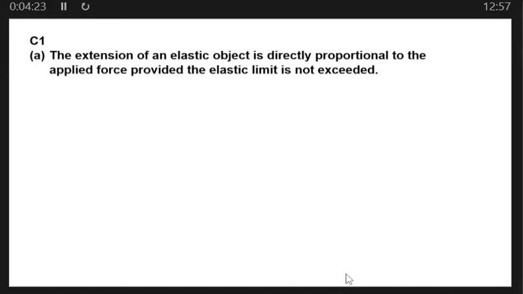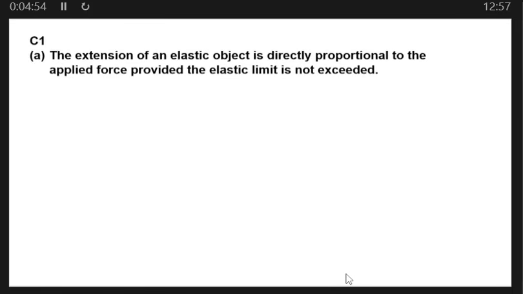Hooke's law is saying the force applied when extending the spring is proportional to the extension that the spring will undergo, provided that the elastic limit of the spring is not exceeded. So what does it mean, not exceeded? It means that you don't stretch the spring beyond what it can withstand.